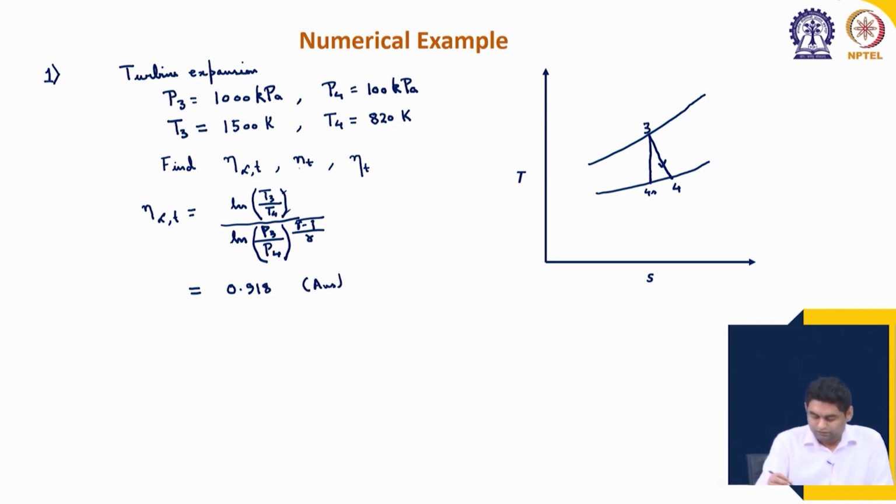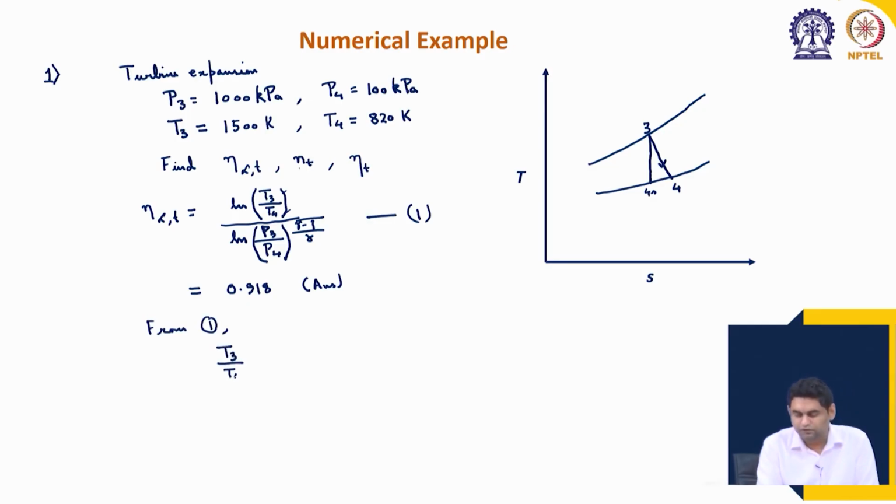Okay. So, again from relation 1 we know that T3 by T4 is equal to P3 by P4 to the power, if we observe, eta infinity t times (gamma minus 1)/gamma.